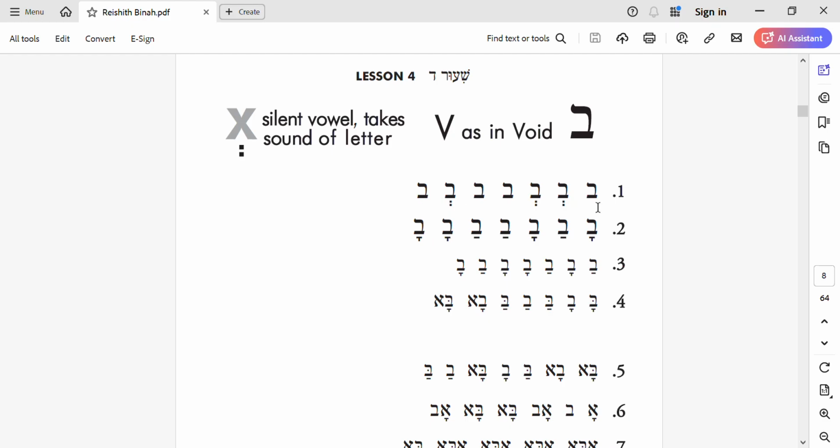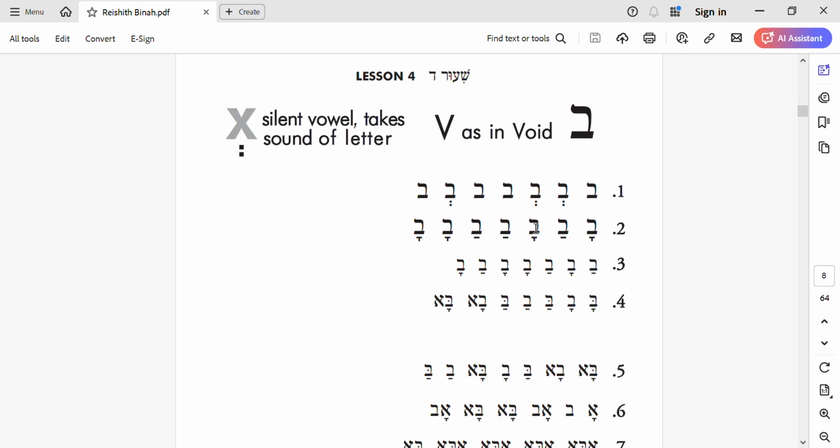Because it's silent, it's as if they are virtually the same. And then number 2, you go back to things that you've learned about the kamatz and the patach. Va, va, va.